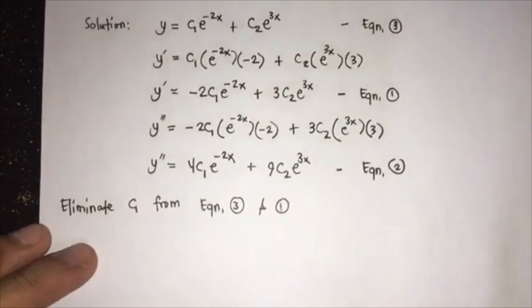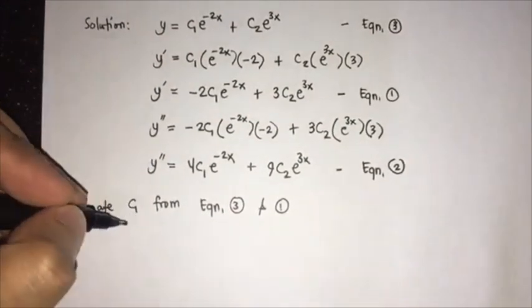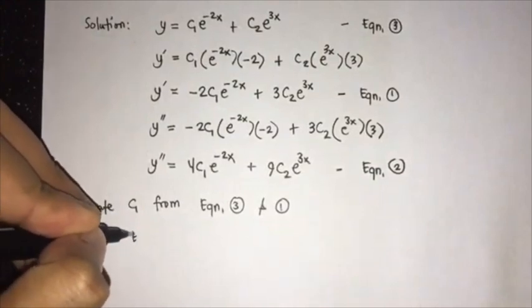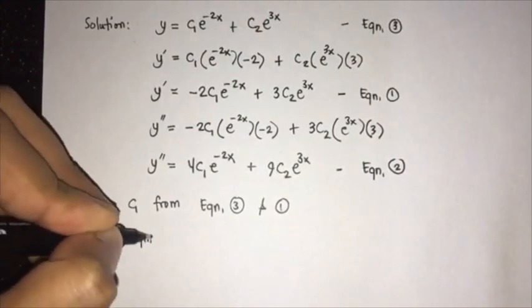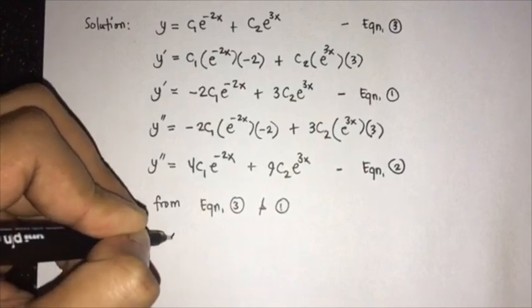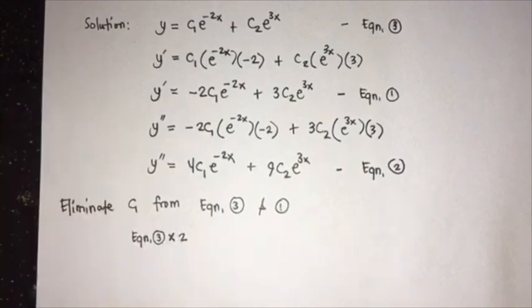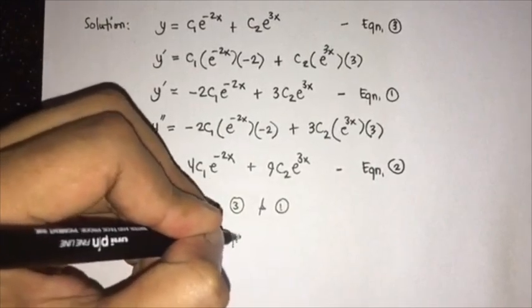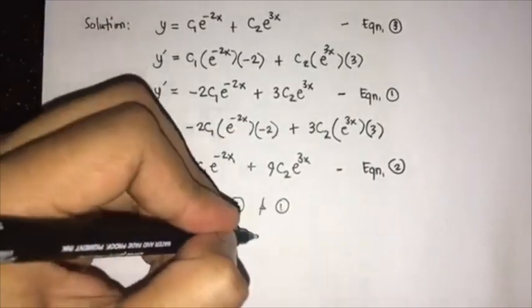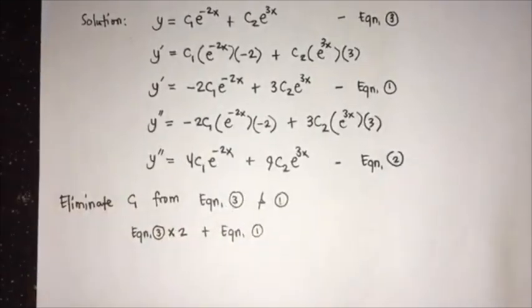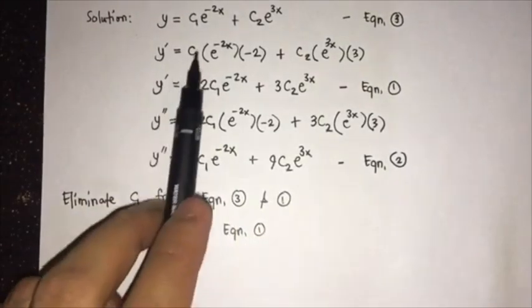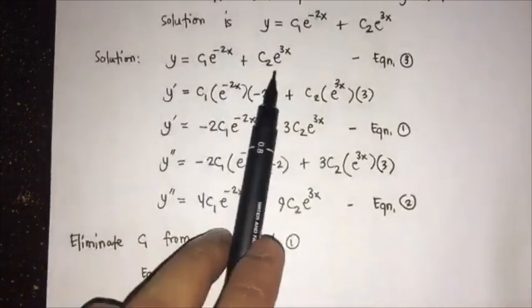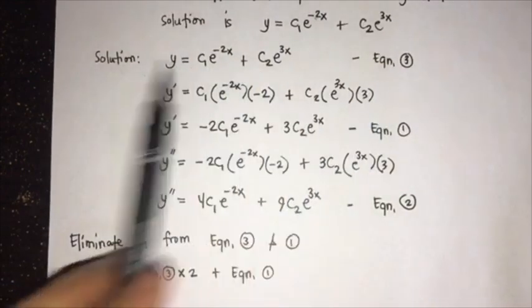So multiply equation 3 by 2, and then add equation 1. Multiplying equation 3 by 2, we multiply all the terms by 2.